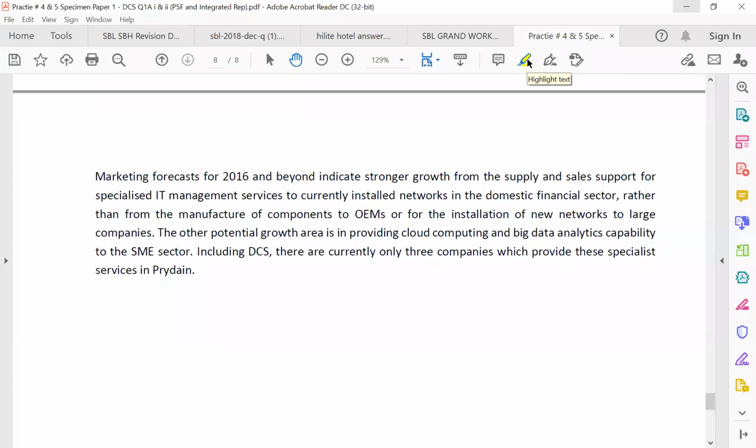The other potential growth area is in providing cloud computing and big data analytics capabilities to the SME network, small medium enterprise network. Including DCS, there are currently only three companies which provide these specialist services in Predan.